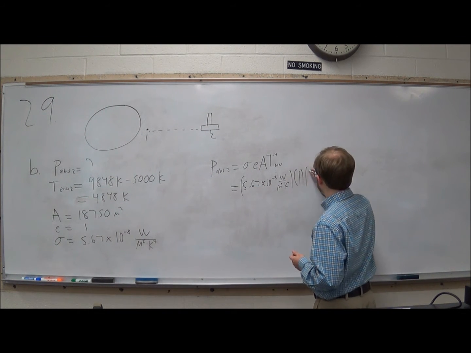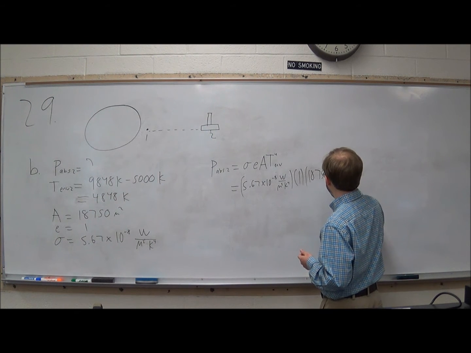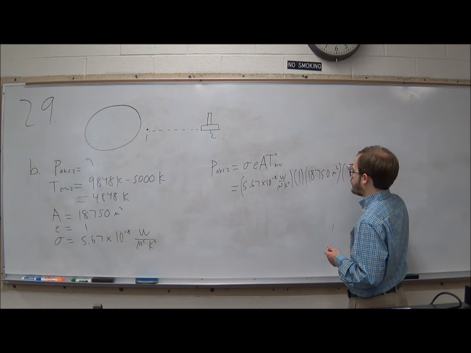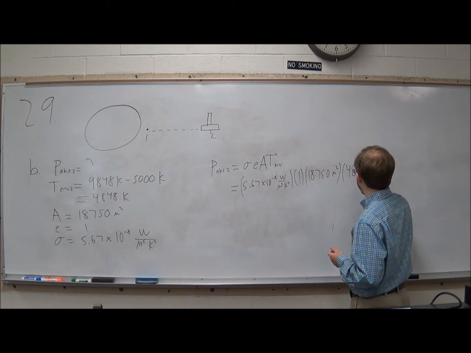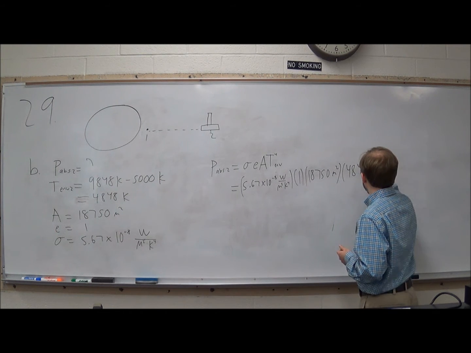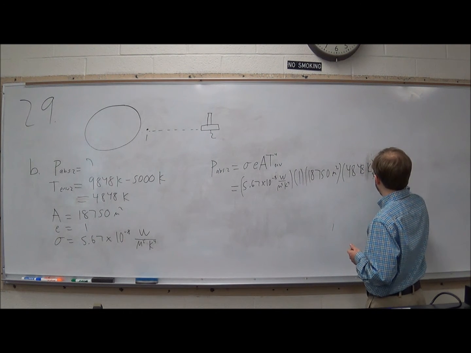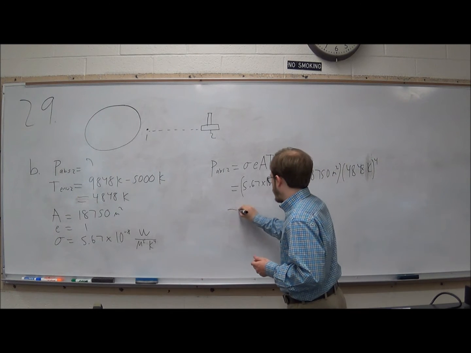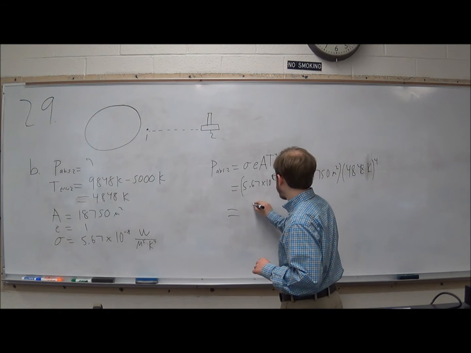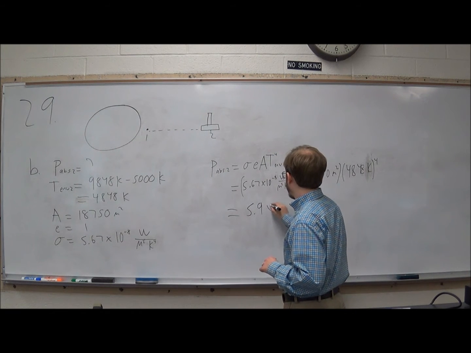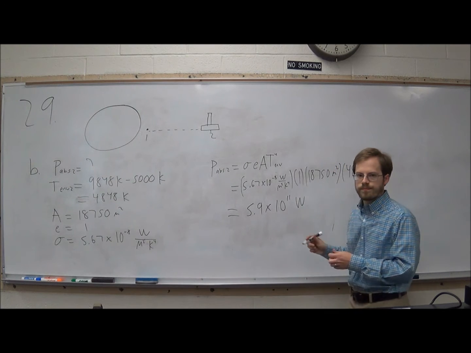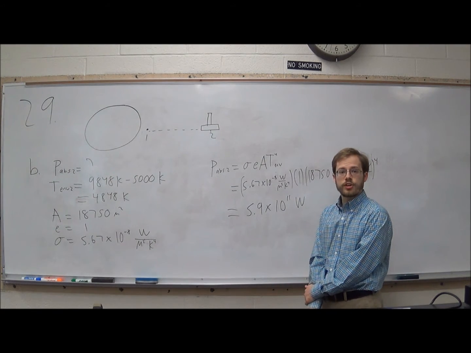Times 1 times 18,750 meters squared times 4,848 to the fourth power. And if you plug and chug those numbers, you will get around 5.9 times 10 to the 11 watts. And that's how you solve part B.